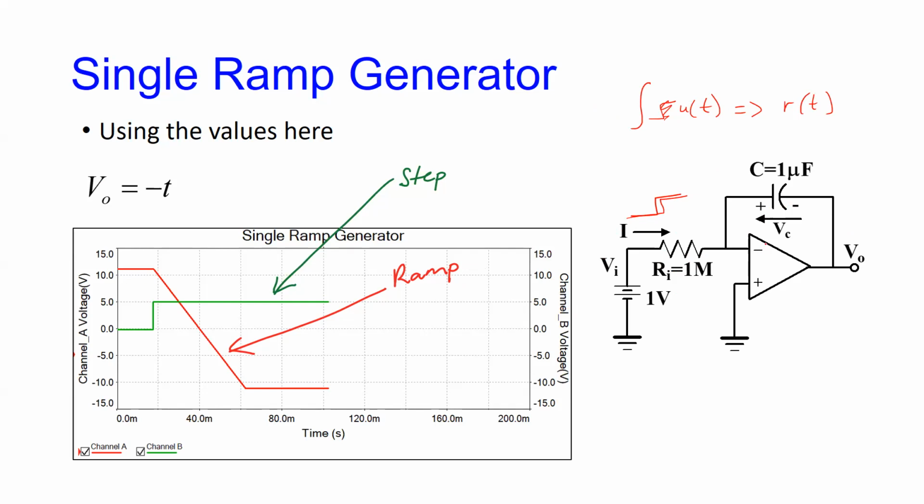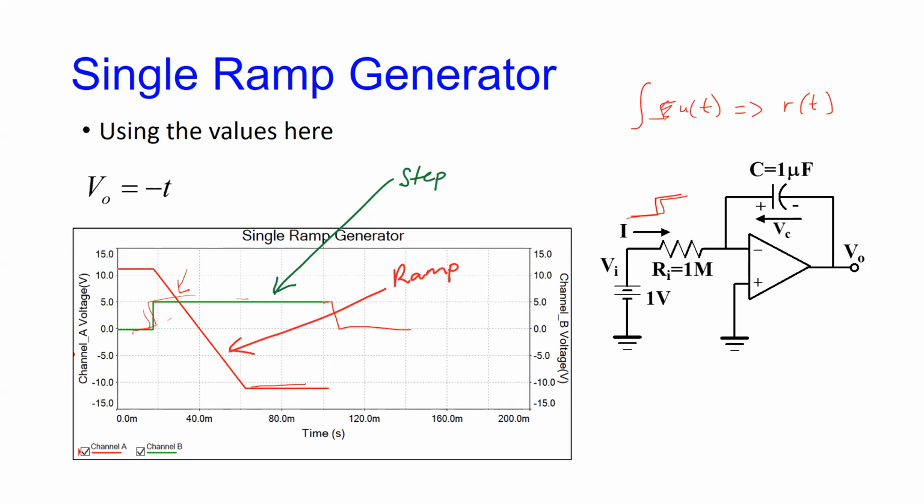But because we're using the amplifier and we have the input on the inverting side, instead of a positive going ramp we have minus the ramp. So you put a step in, it integrates this step, and you get the negative going ramp here. If I put a step going this way, it integrates it first and then it settles.